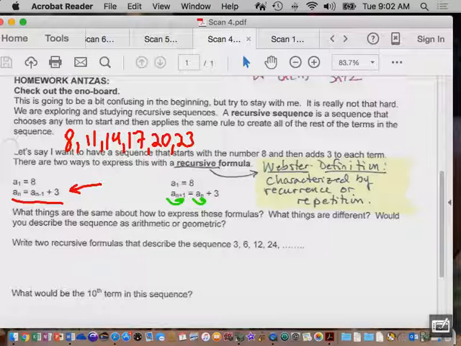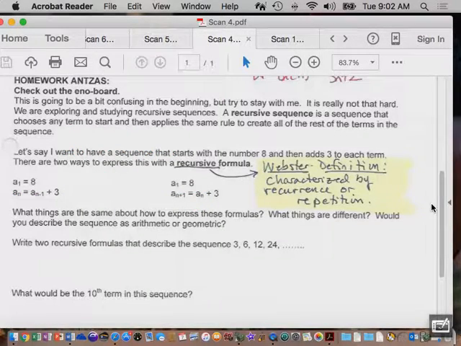Right? So the new term is the previous term plus 3. And isn't that how you get up the chart? Yep. New term is previous term plus 3. Isn't n minus 1 before n? Right? N minus 1 is before n. So all you have to do when you read this is, the new term is the previous term plus 3. So this is a recursive sequence.